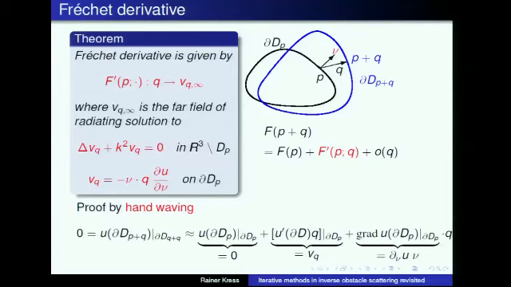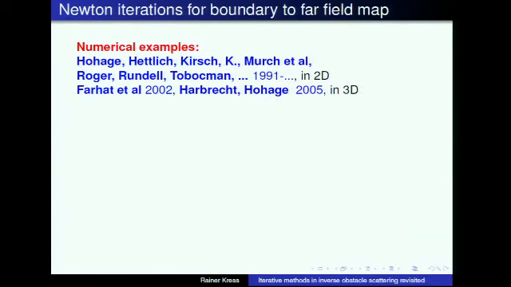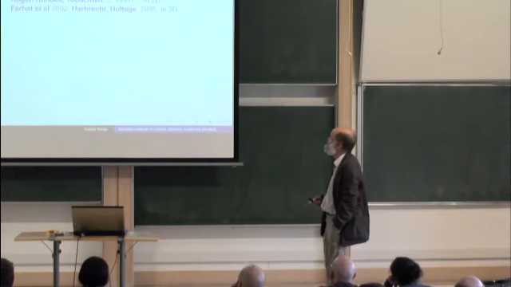This is only proved by hand waving, because we have to make sure that this kind of expansion is valid, and this can be done either by Hilbert space methods or also by using the boundary integral equation. And then if we do the Newton iteration, we solve the linearized equation, for example, via Tikhonov regularization, since it's ill-posed.